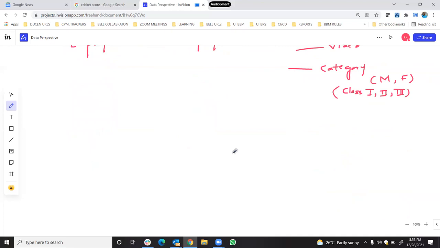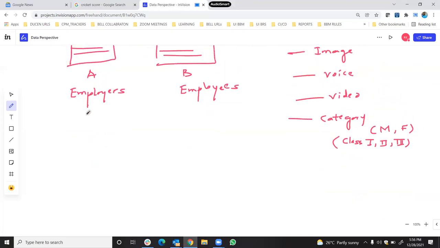Now, whenever you want to draw any insight, let us take an example: employees who have joined in the month of October, and employees who have joined in the month of December.